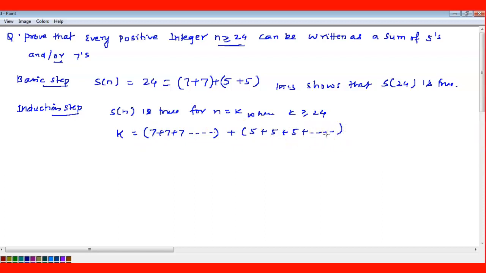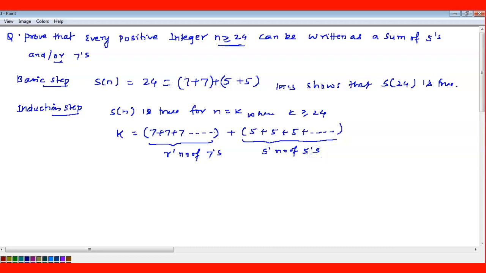We are assuming this. So next, suppose that this representation of k has r number of 7s, this is r times, and the 5 is s number of times, s number of 5s.